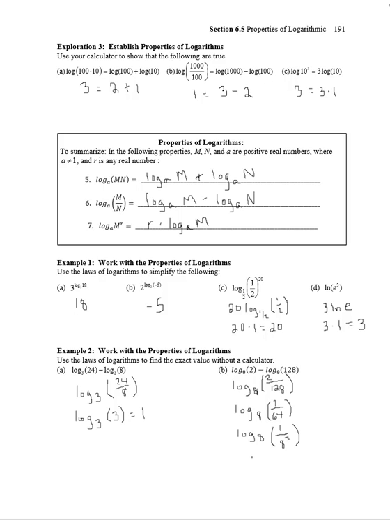So we have log base 8 of 8 to the negative 2, which is negative 2 log base 8 of 8, because we can bring the exponent out front again, which is negative 2 times 1 or negative 2.